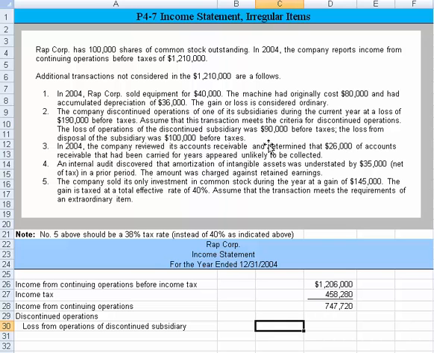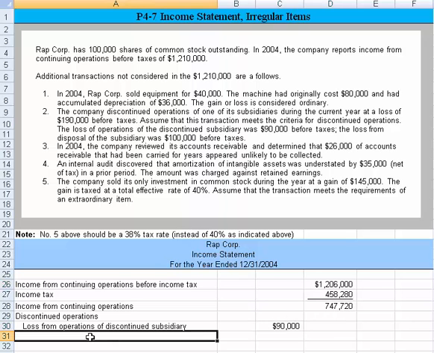loss of operations was $90,000 before taxes, right? So we'll drop in $90,000, and we format this one with the dollar sign since it's the first time we see that on the column. And if we format this right here, then we have to say less applicable income taxes.